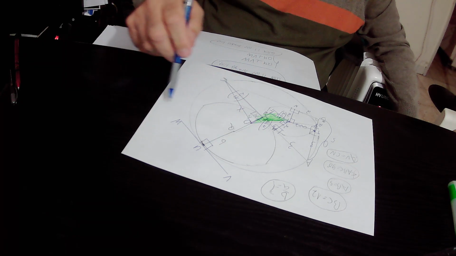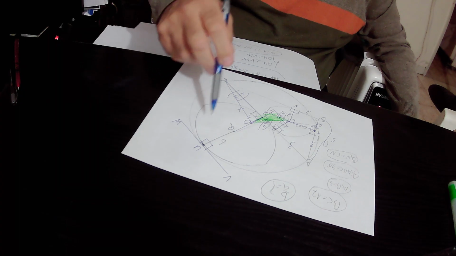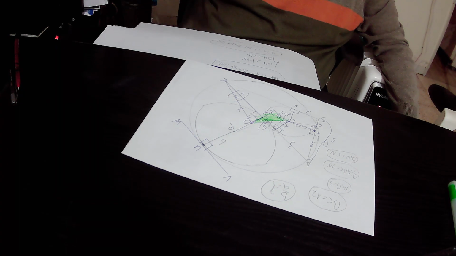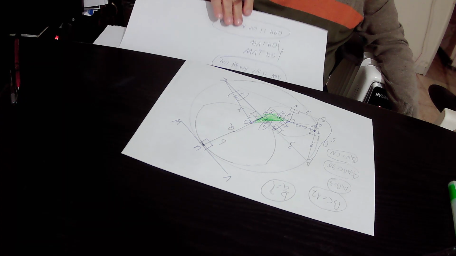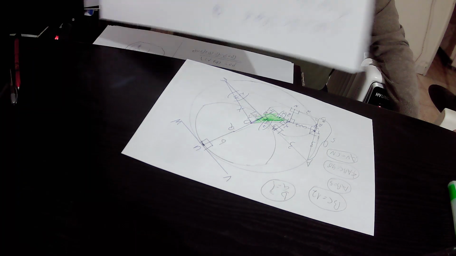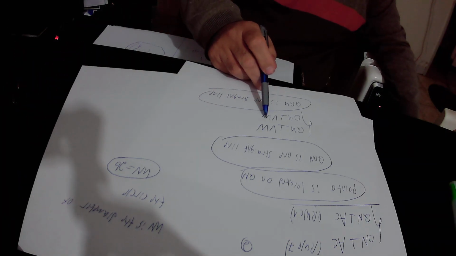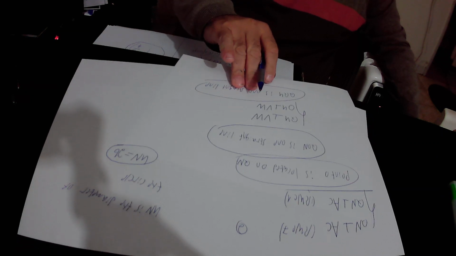If VW is perpendicular to UQ, it means that this angle equals 90 degrees and this angle equals 90 degrees, according to rule number 1. So you can write down that the radius QU is perpendicular to tangent VW.